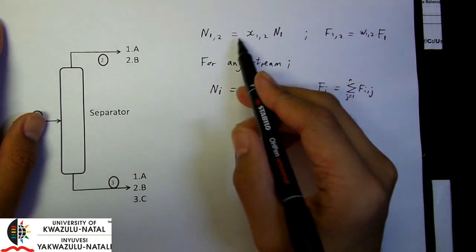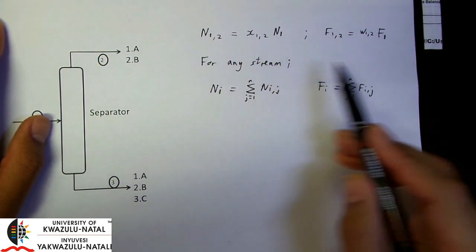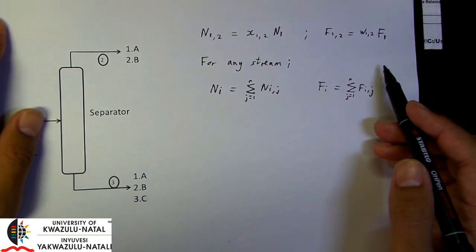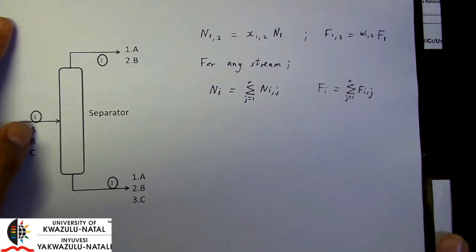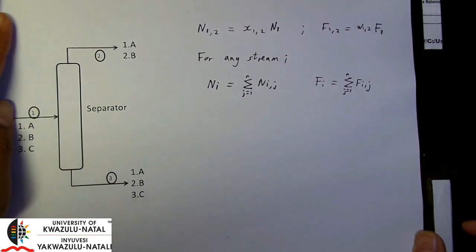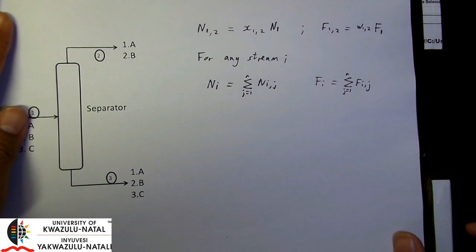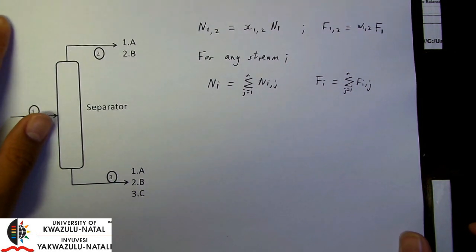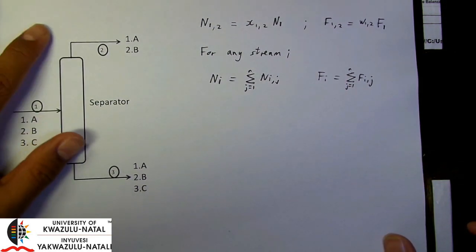Now, if we are given information partially in molar terms and in mass terms, we can go between mass balancing and molar balancing by using simple conversions using the molar masses of our compounds.